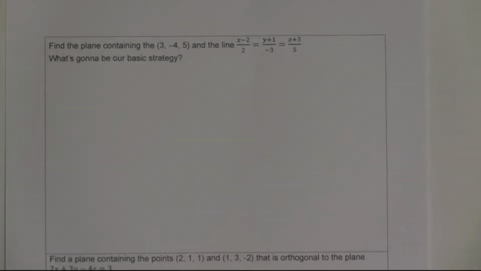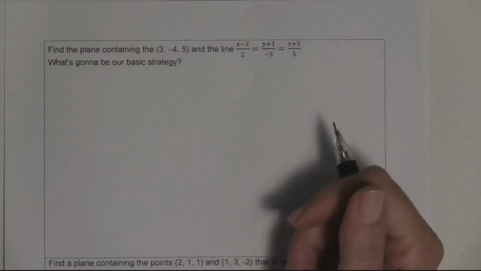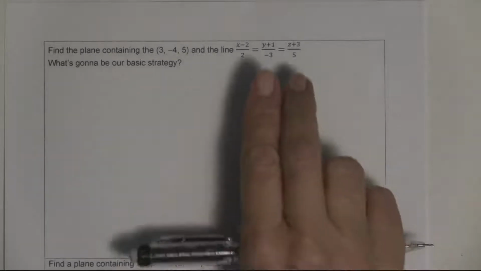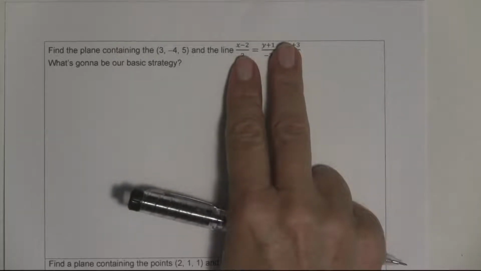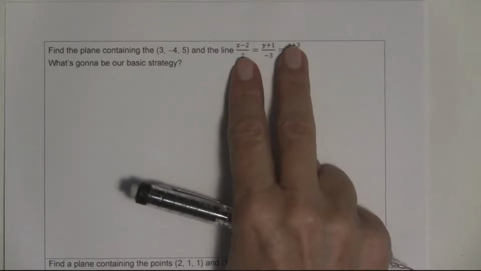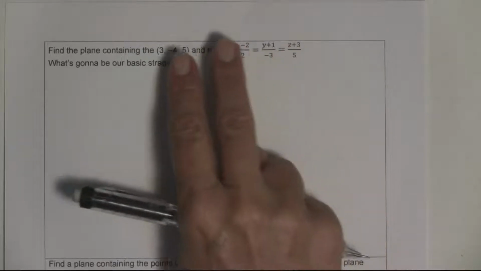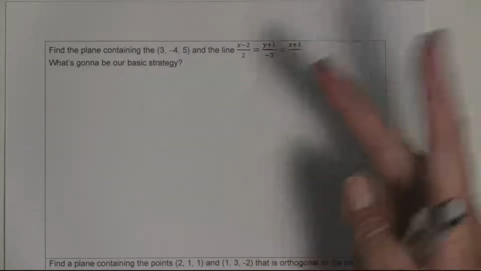And so my strategy is to come up with either 2 points on this line, which I could do, or a vector from this line and a point from this line, and then I'll use that point with this point to come up with 2 vectors.